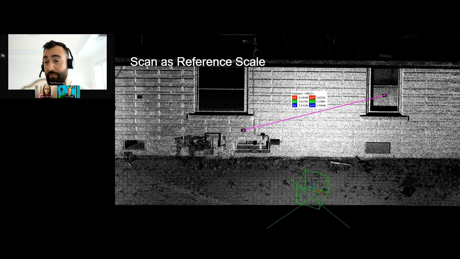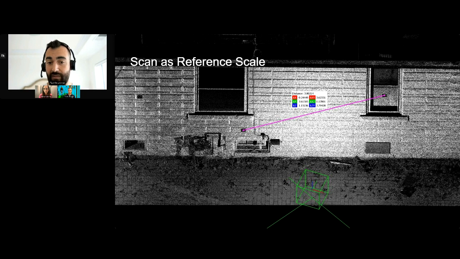So doing something like this is probably what you should attempt first, which is giving the photogrammetry software a reference of what the distance between two points within the scan is. To do that in this test, I got that reference from the laser scan. I had two targets and measured the distance between them.